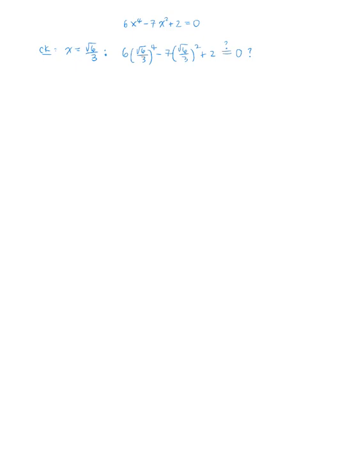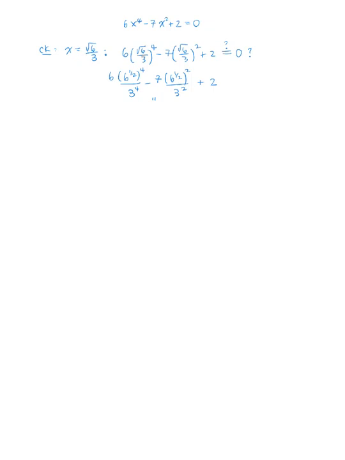All right, so then this implies that we're going to have 6 times 6 to the 1/2 to the fourth power over 3 to the fourth minus 7 times 6 to the 1/2 to the second over 3 to the second, and then plus 2. So I'm going to keep working it vertically.